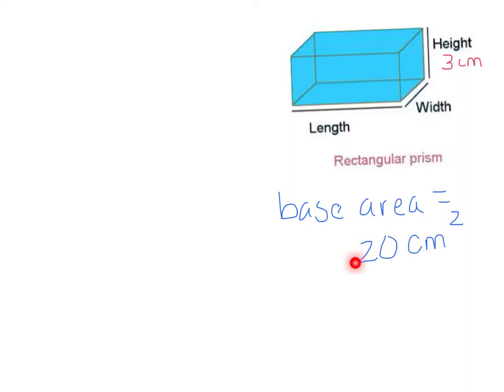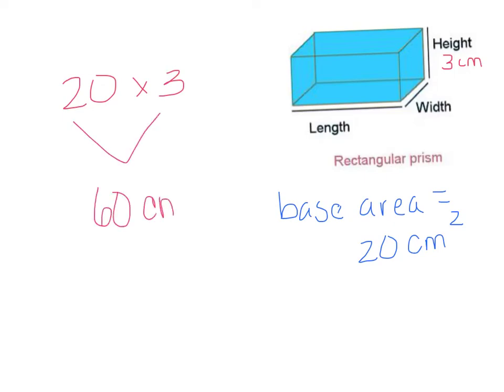And we know that with volume, all we need is this times this times this. So we have our base and we have our missing component. So all you would have to do is multiply your 20, which is your base area, times your 3. So what's 20 times 3? Well, that's 60. And then I have my centimeters. And now because I have a centimeter square times a centimeter, I would have a centimeters cubed.